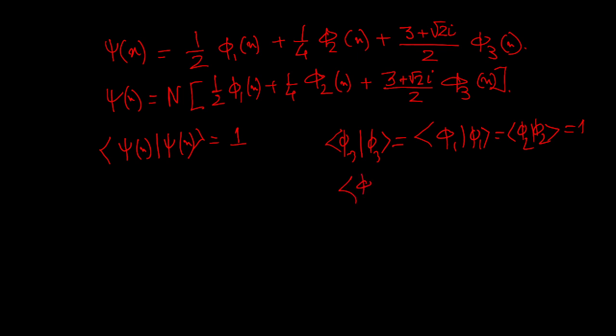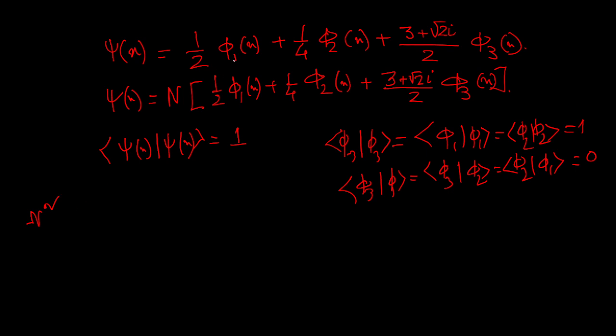On the other hand, phi 3 phi 1, phi 3 phi 2, phi 2 phi 1 will be 0. So if we take the normalization, the normalization constant is N.